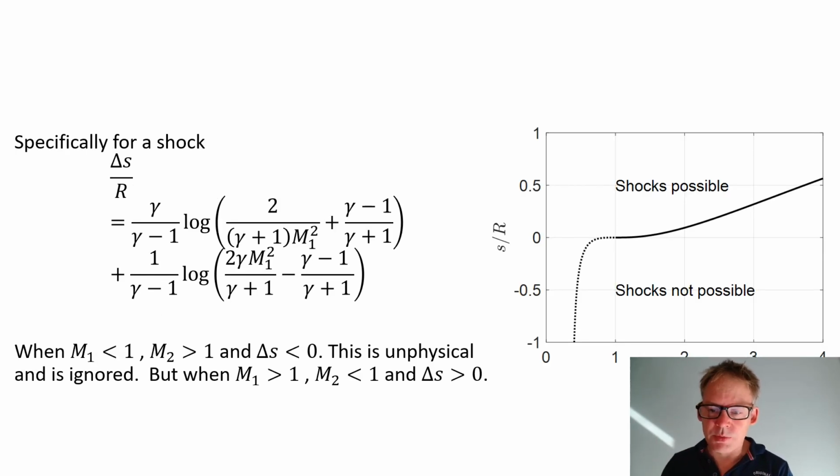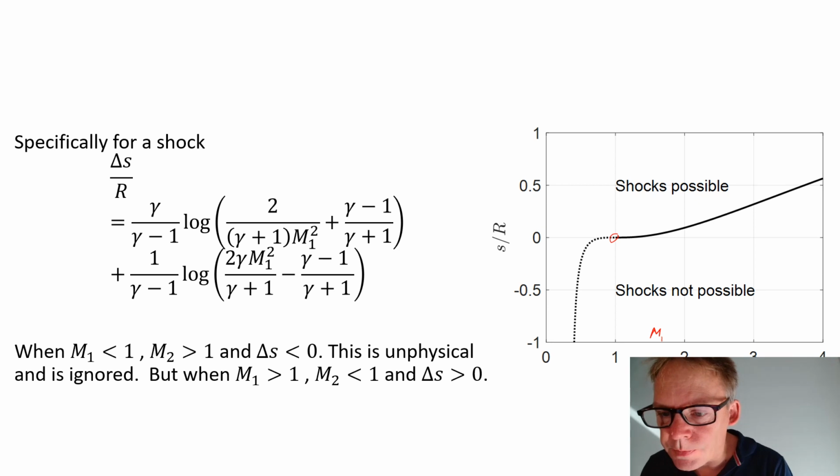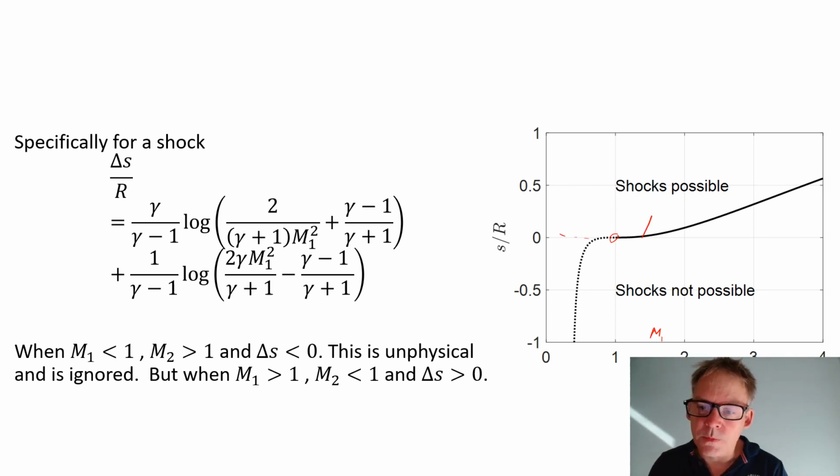Now, plotting this out in terms of the Mach number, we see that if M1 is bigger than 1, then the entropy increases. So that means these shocks are possible. This is a valid solution.